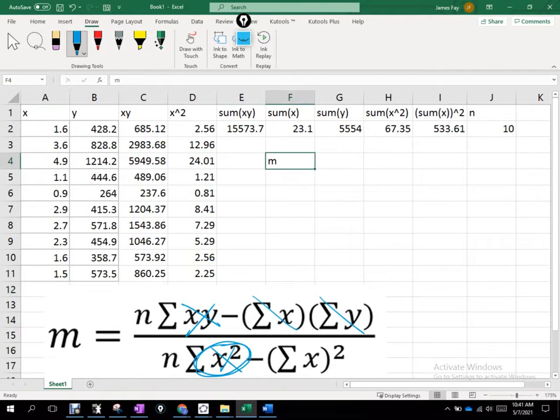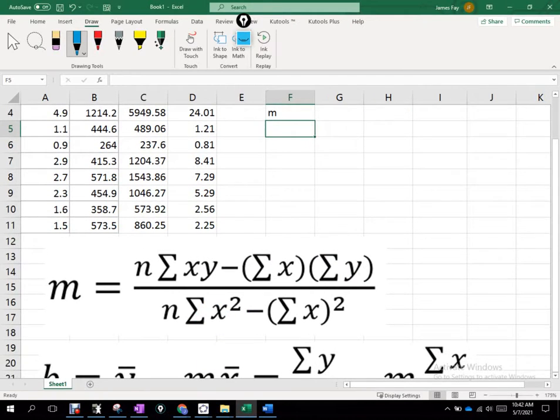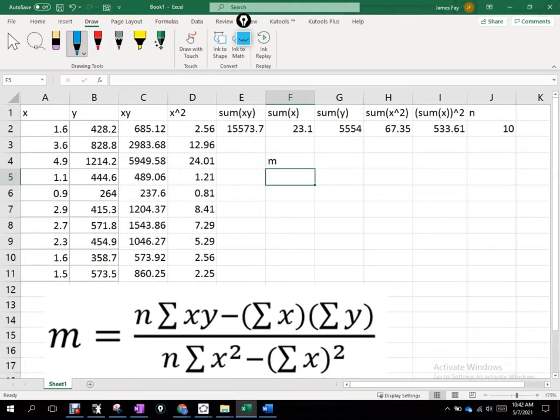So now, finding M, all we have to do is write a formula here, okay? What I like to do when I have these formulas written out in specifics like this, and I'm going to try to write it for Excel, is say, okay, N we have written over here in J2.